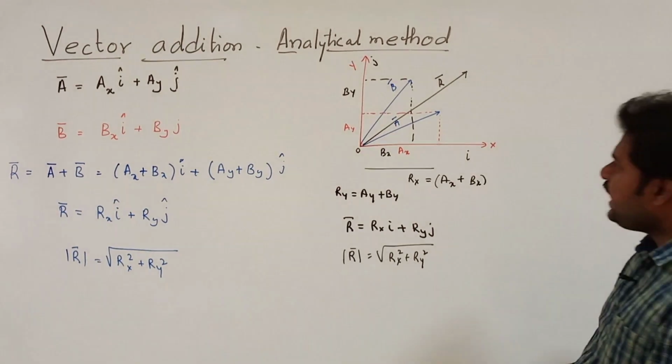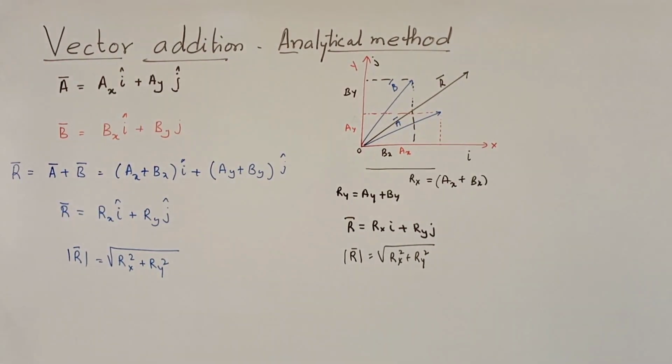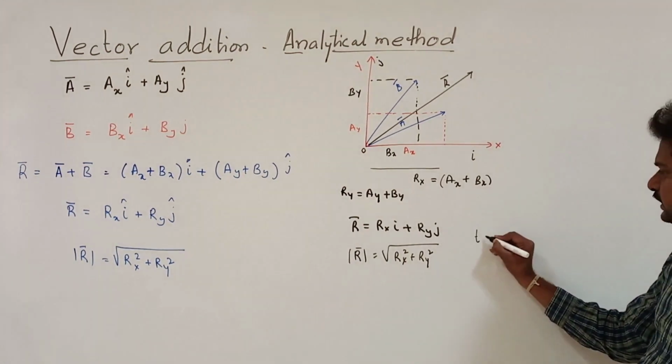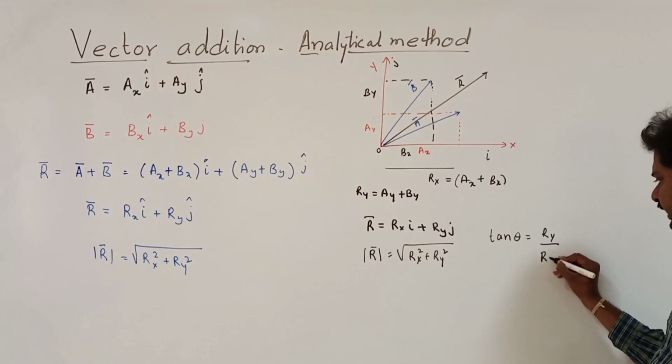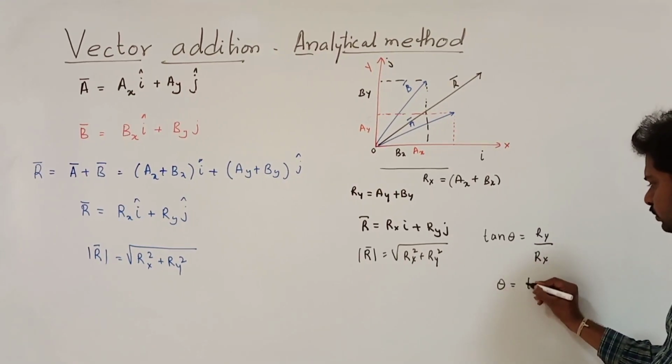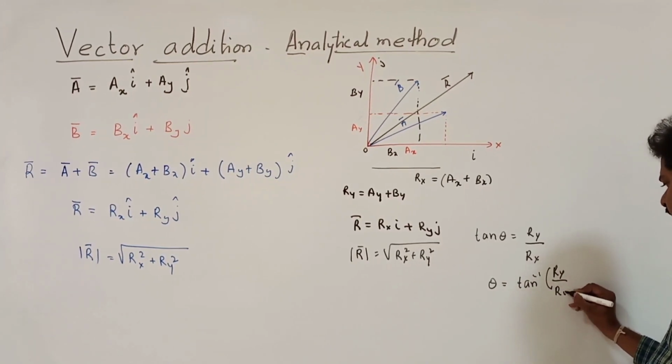For the resultant angle made with the x-axis, you can consider tan theta is equal to Ry by Rx. Theta is equal to tan inverse of Ry by Rx.